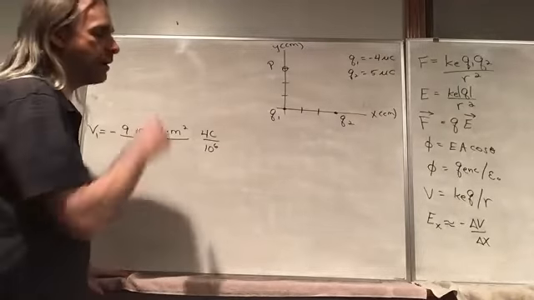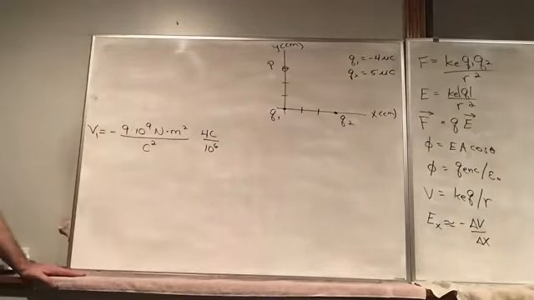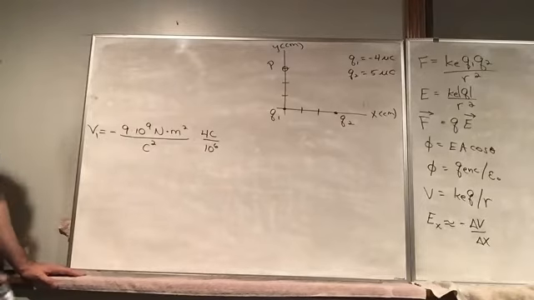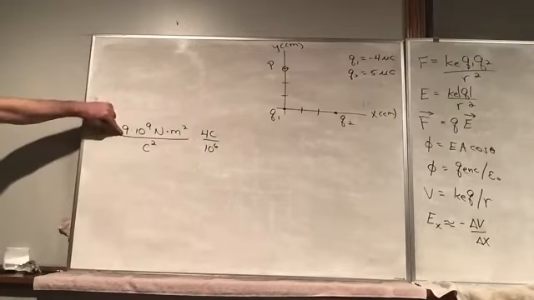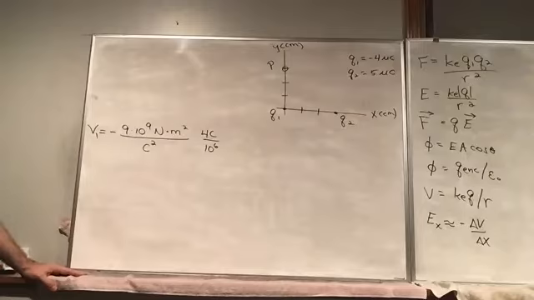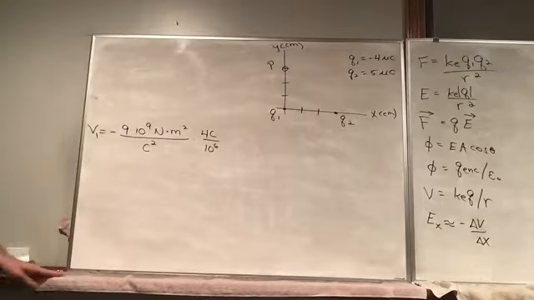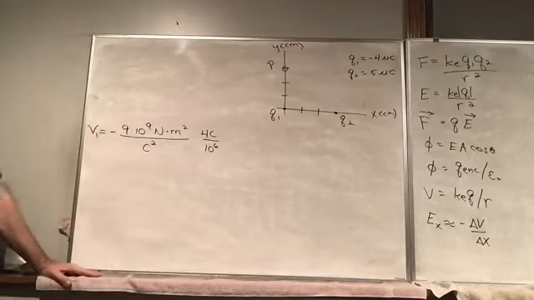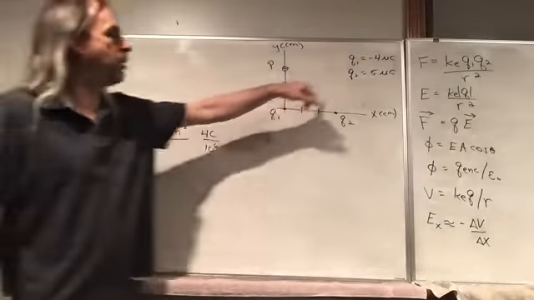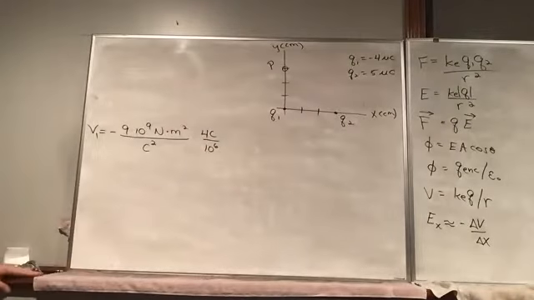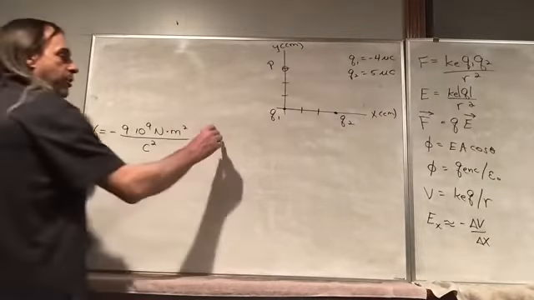An electric field has a direction, and unless you're strictly dealing with a one-dimensional problem, you can't describe the direction of a vector with a plus or minus sign. But potential is a scalar, so the plus or minus sign is all you need there. So it's a significant difference between electric fields and electric potential. We can put the minus sign out in front. The potential due to Q1 is going to be negative, and due to Q2, it will be positive. And then we divide by R, which is 3 centimeters.